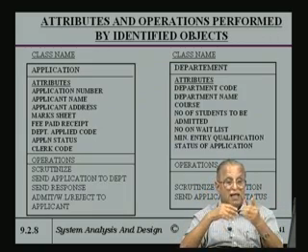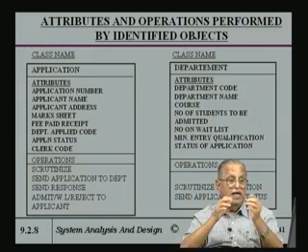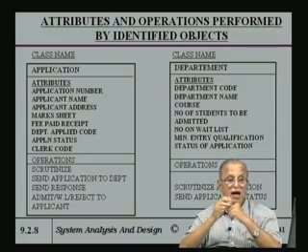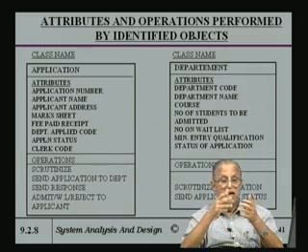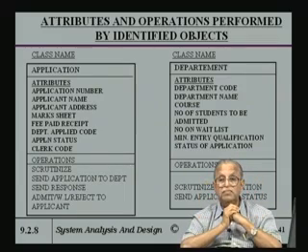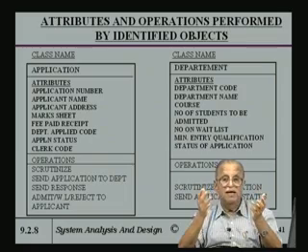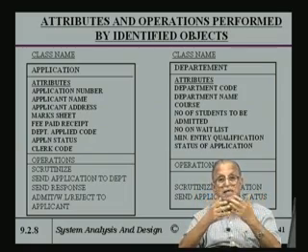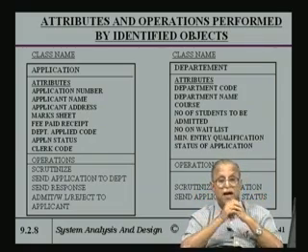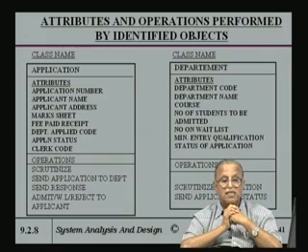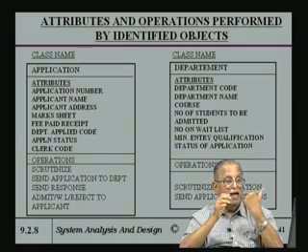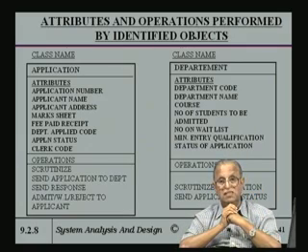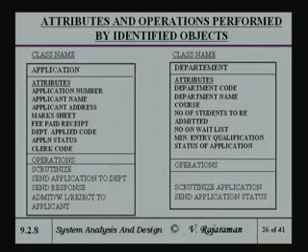If they have some problem in terms of the authenticity of the marks and so on, they may put it in abeyance or something like that. It depends upon the particular situation. The operations, of course, are scrutinize application and send application status. That is, after scrutiny, send application status to the registrar's office, which will use the status information to act further.